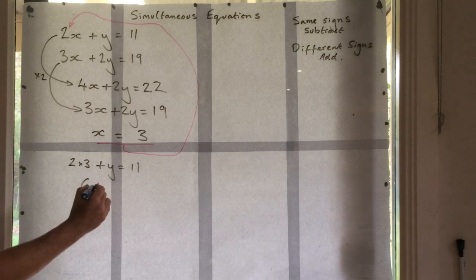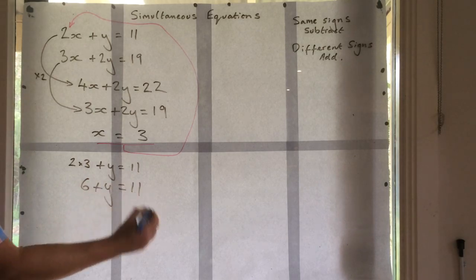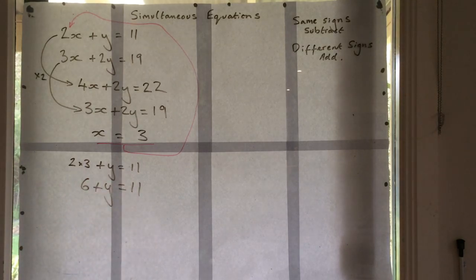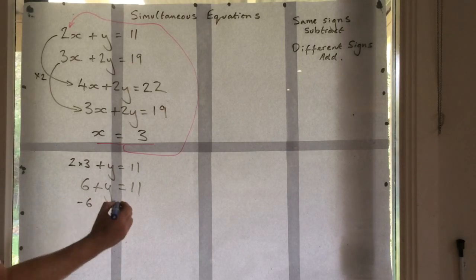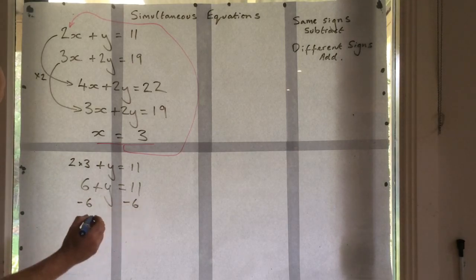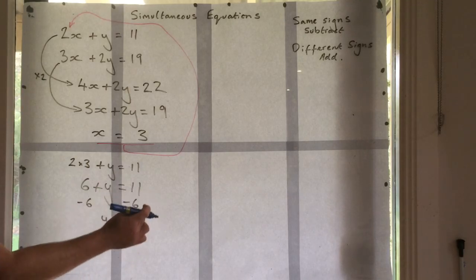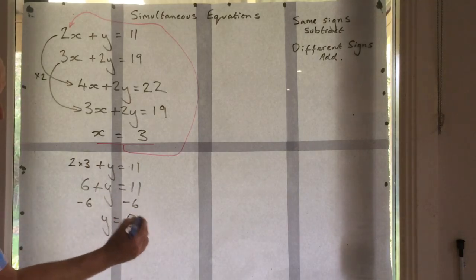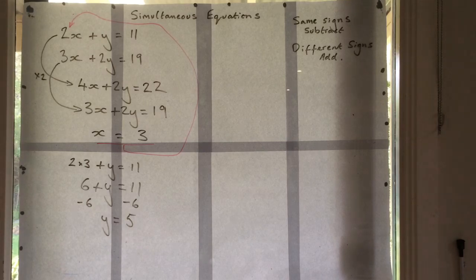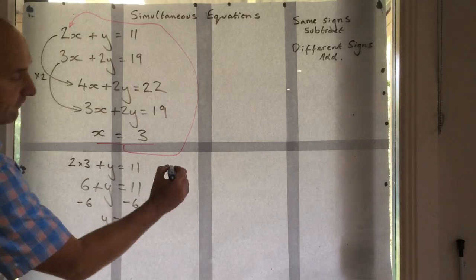So 6 plus y equals 11. How am I going to get y on its own? I'm going to minus 6 on both sides. So that means y equals 11 subtract 6, which is 5. So now I think x equals 3, y equals 5.